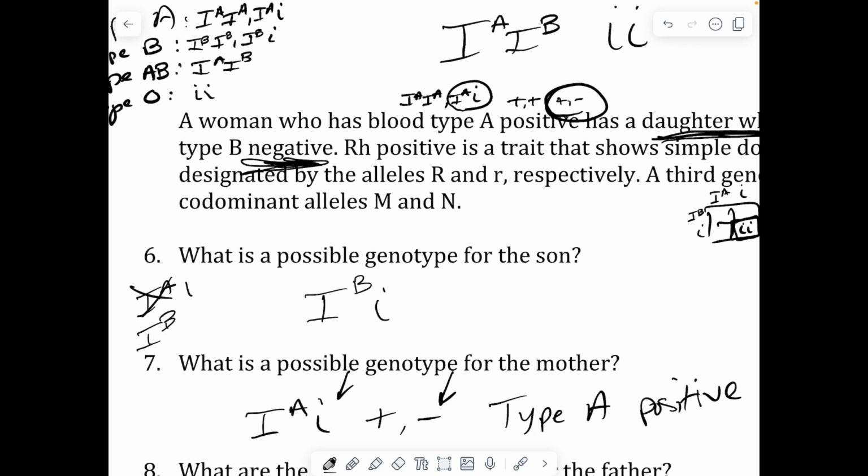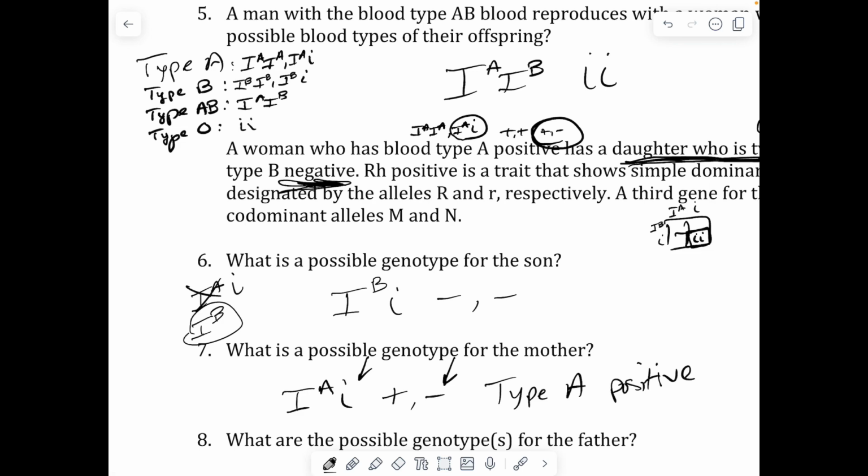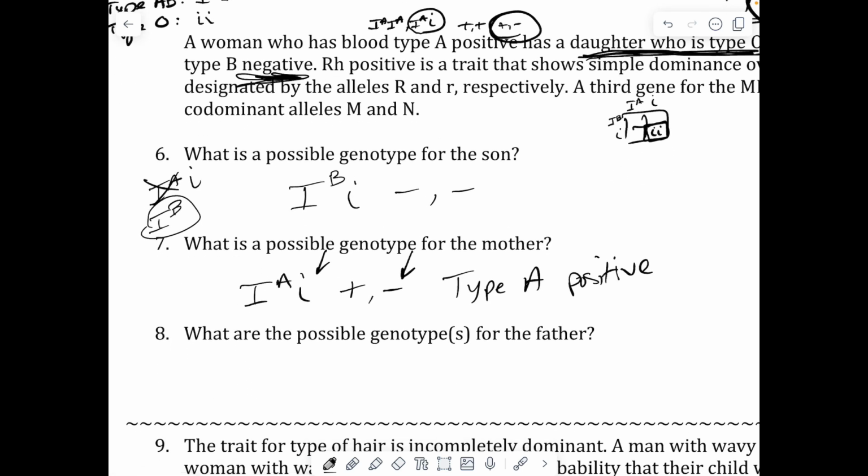So the mother didn't give him this one. She gave him that one. And the father gave him this one. So he's going to be IB and then little I or O. And then he's negative, which is the homozygous recessive version of RH factor. So that's his genotype.